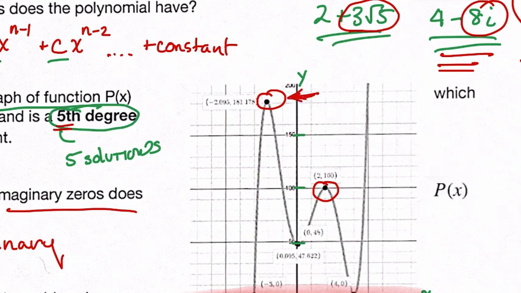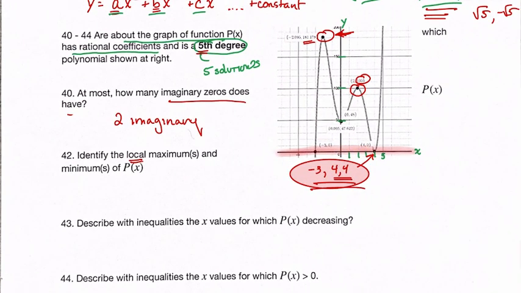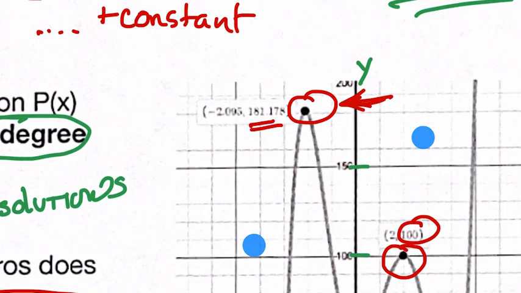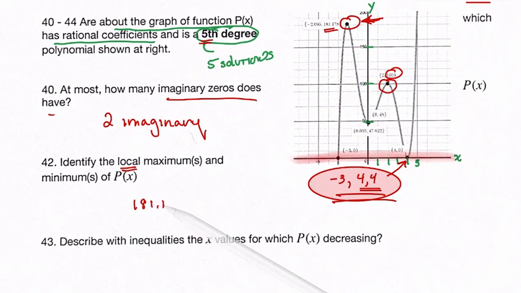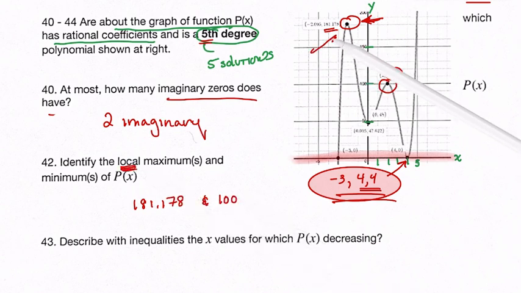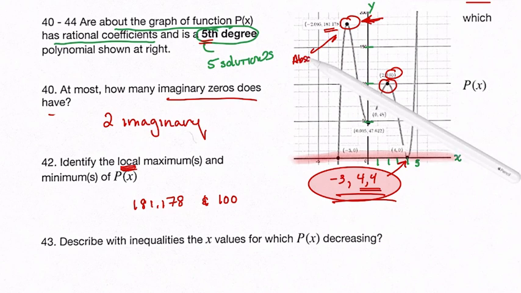Looks like it is 181.178 and 100. So the highest it goes is 181.178, at the top one, and then it has another maximum of 100. Now those are what we call local maximums. This one I said was an absolute, and it can be local.